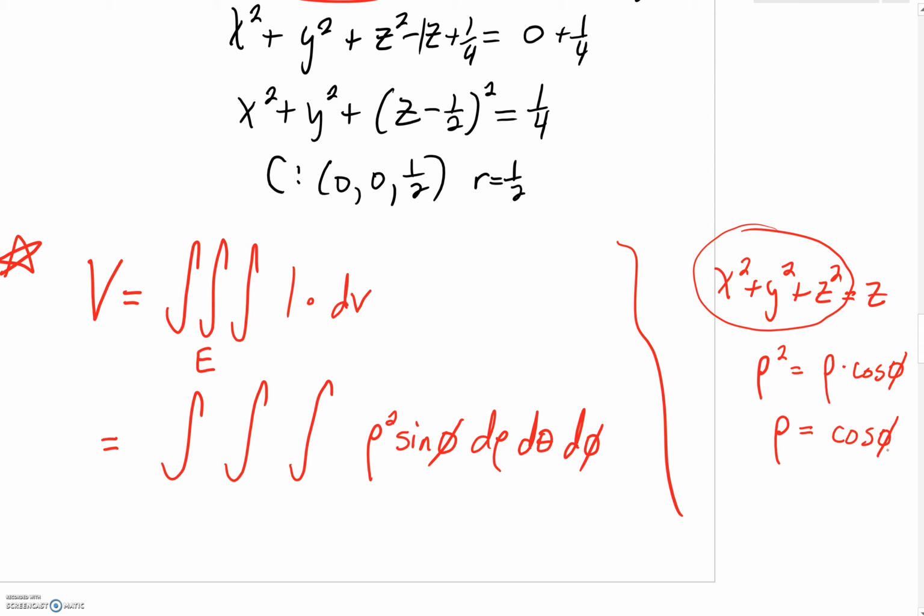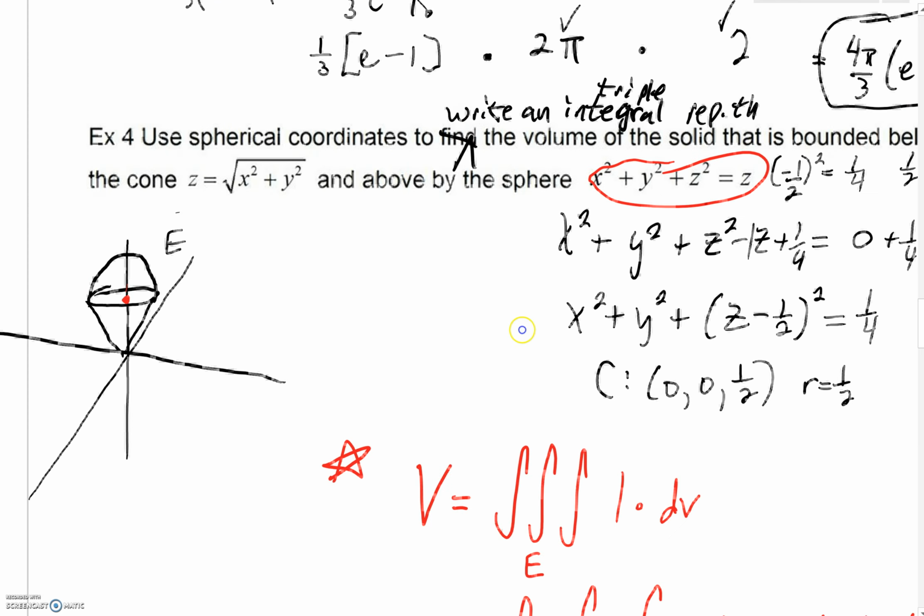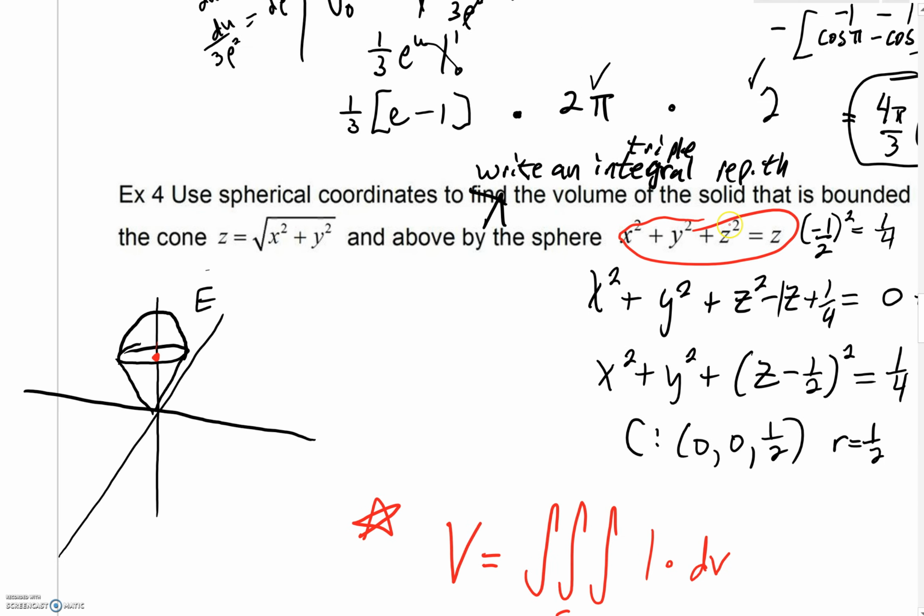So what we're really getting at, please understand this: this sphere right here could be written as rho equal to the cosine of phi.